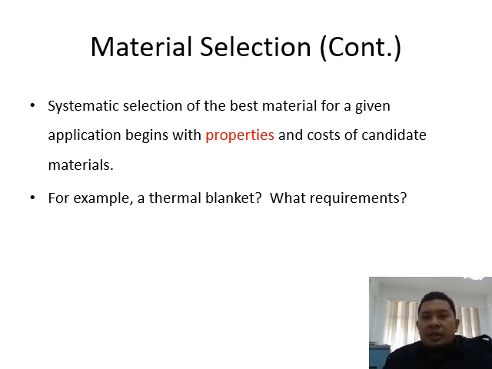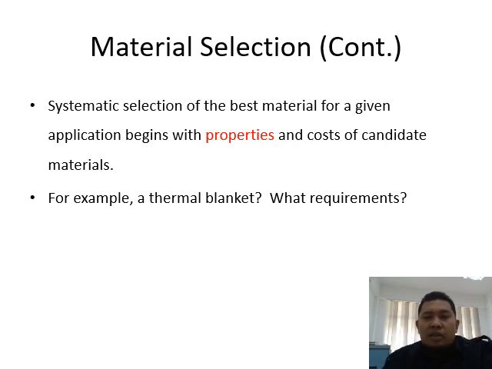For example, material A has a higher tensile strength, but the cost is very high. Material B has a medium tensile strength, but the cost is so-so. And then you can have material C, the tensile strength is very low, but the cost is very cheap.